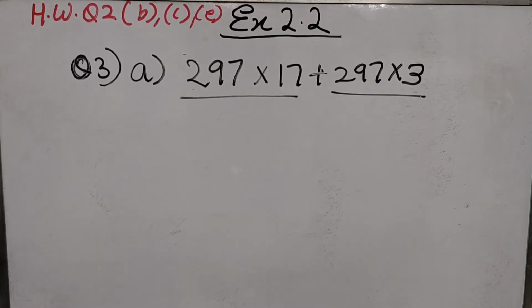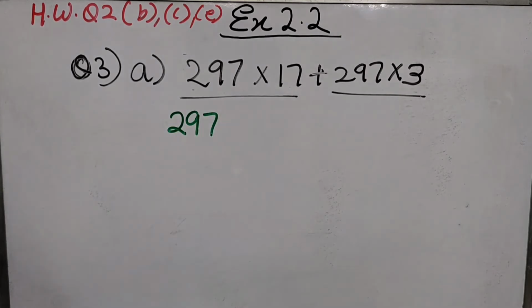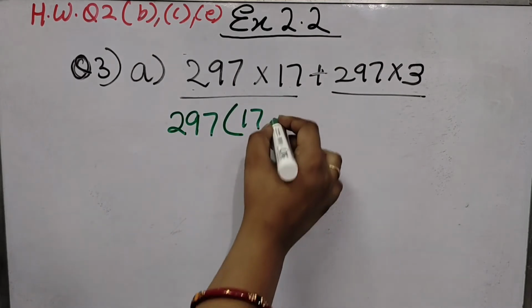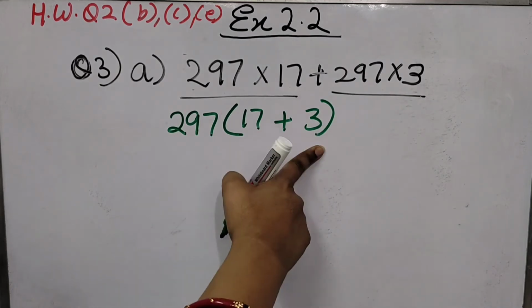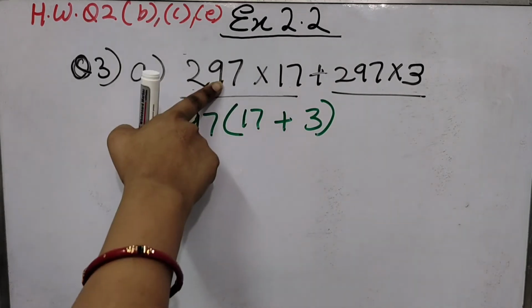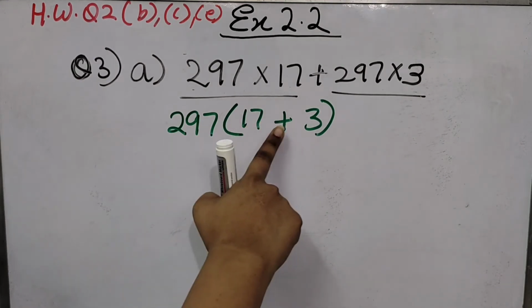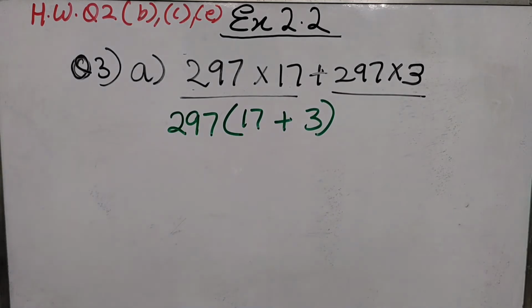So we can take out 297 as common, and within brackets we are left with 17 plus 3. If I open up this bracket, we will get the same expression: 297 multiplied to 17 plus 297 multiplied to 3.